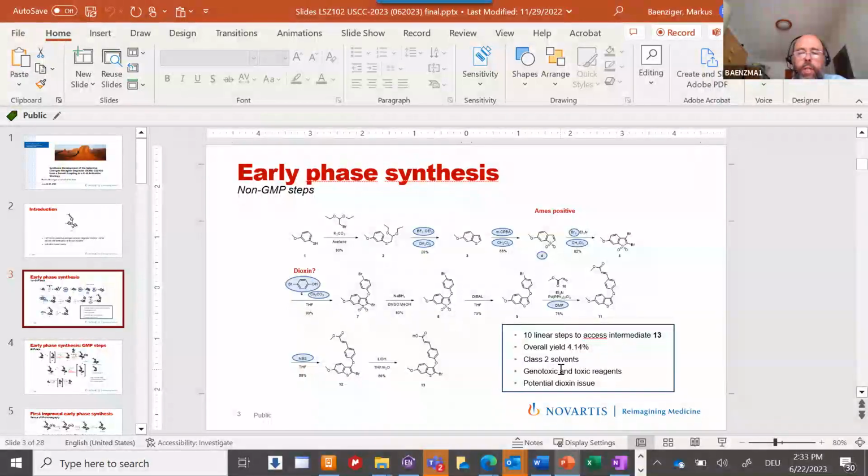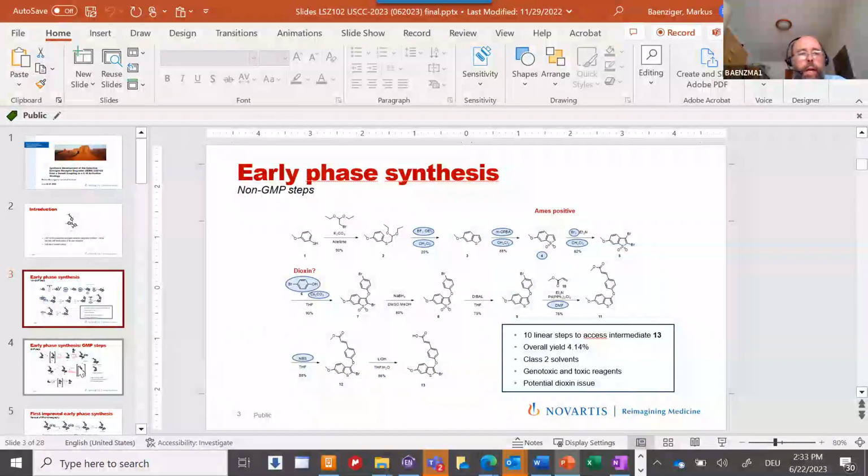We had several genotoxic and toxic reagents like BF3 etherate, meta-chloroperbenzoic acid, bromine, and with the 4-bromophenol we had a potential risk of bromodioxins, because 4-bromophenol can also contain polybrominated phenols, and they could be the source of bromodioxins, which are highly toxic and have to be tested at very, very low levels.